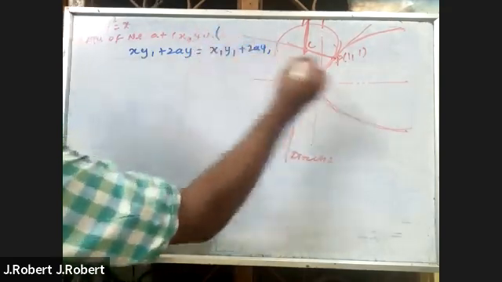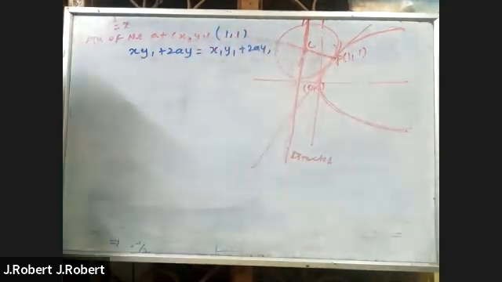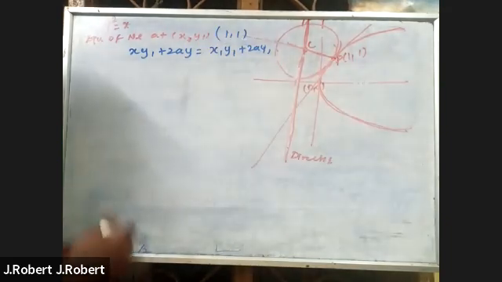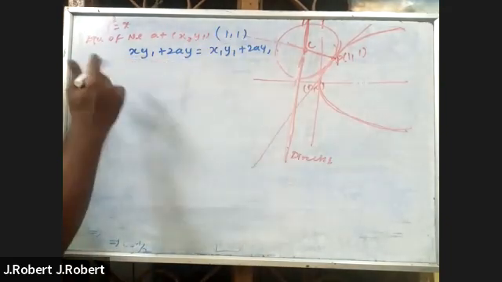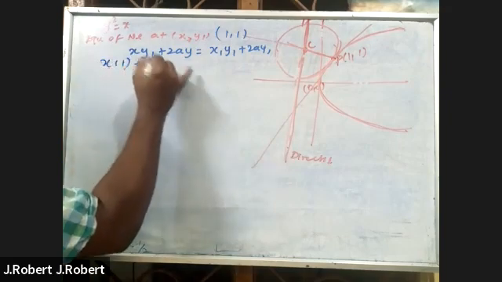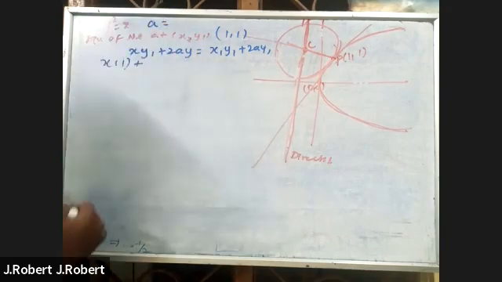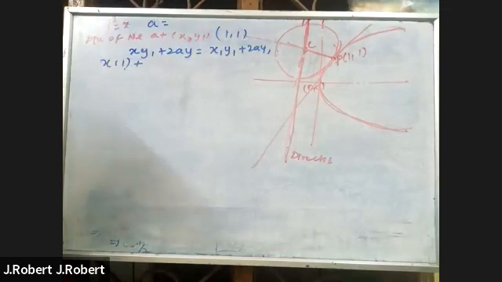Here the point x1, y1 is given as 1, 1. What is the value of a here? They have given y squared equals x. What is the value of a? 1/4, sir. Yes, your a is 1/4.